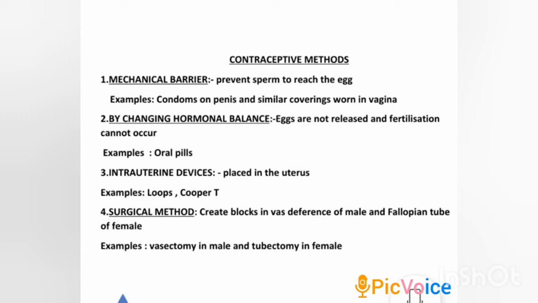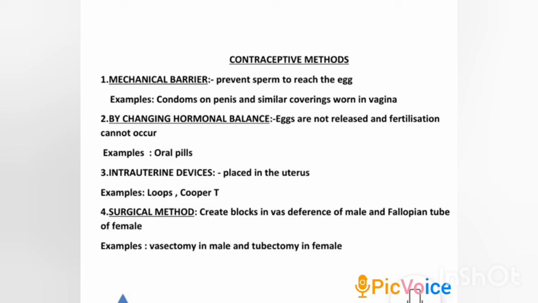The third method is by using intrauterine devices. Intrauterine means inside the uterus. So these devices are placed in the uterus. The examples are loops and copper T. The last one is the surgical method. In this method, surgeries are done to create blocks in the vas deferens of male and fallopian tubes in female.